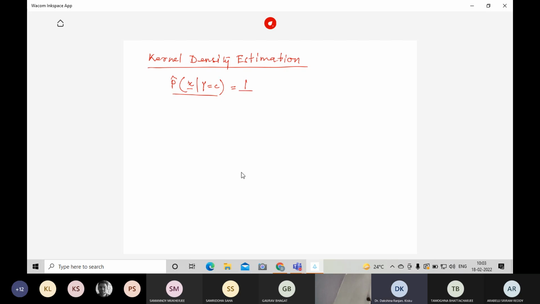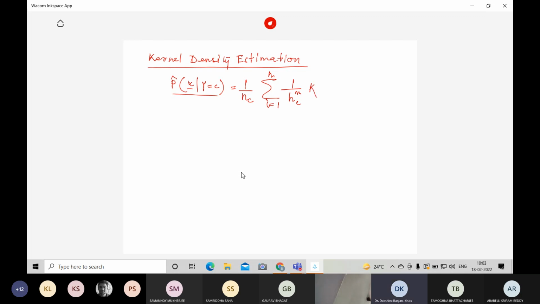So this likelihood function is given by 1 upon nc, summation over i equals 1 to n for n data points, and here we can write 1 upon h to the power m, subscript c. Here m is the total number of data points, and c is a particular class for which we are interested in the kernel density estimation or class density.